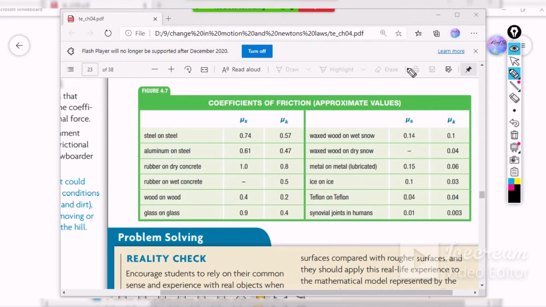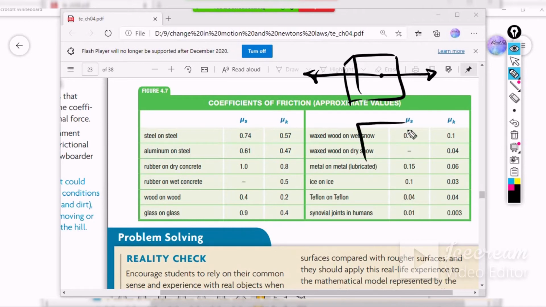But in physics, why? From Newton's third law, every action has an opposite and equal reaction. This object at rest, we have applied force as the action and static friction as the reaction. This object is still at rest.